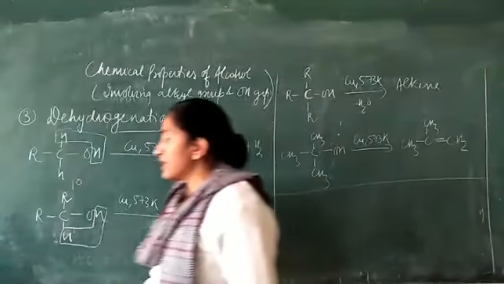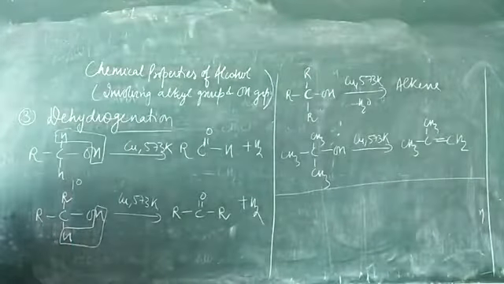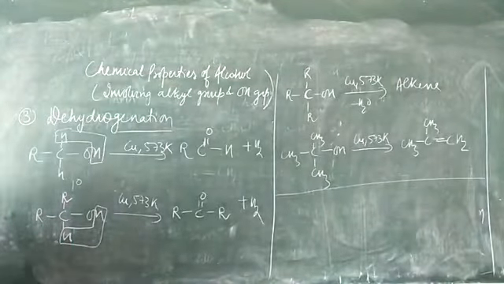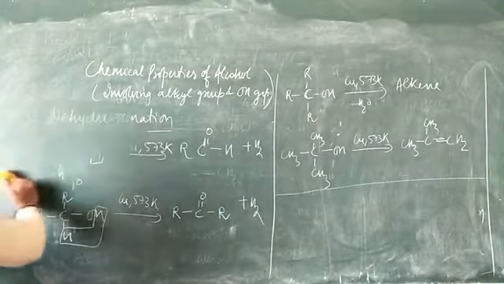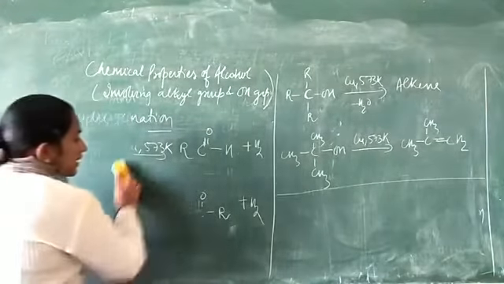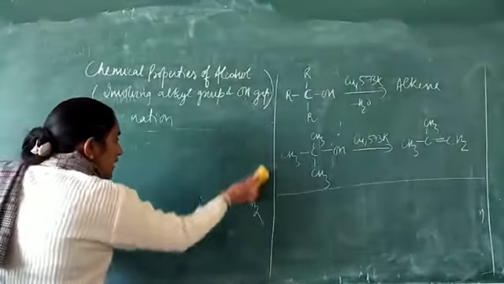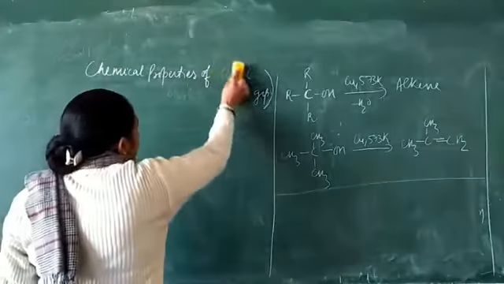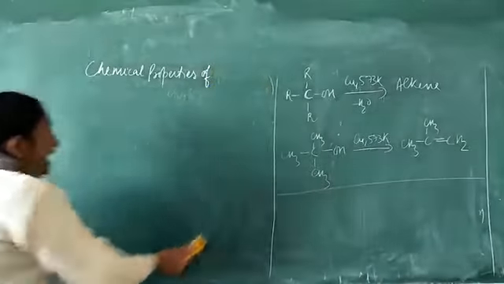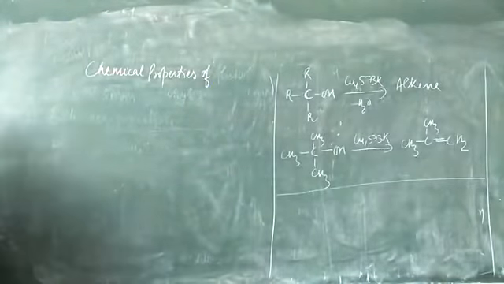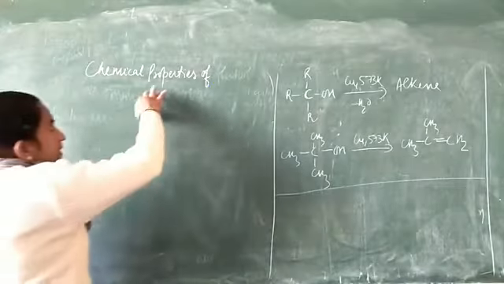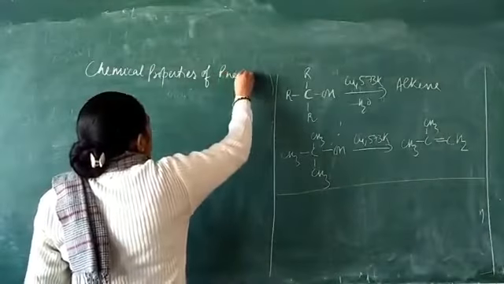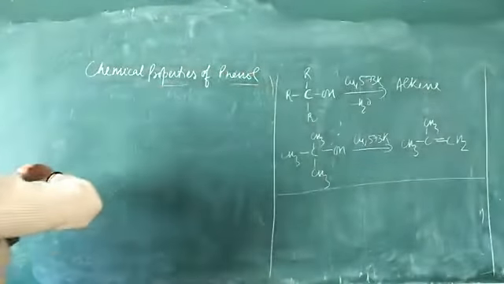Students, next we will discuss the chemical properties of phenol. Now you know that in phenol, the OH group which is attached to the benzene ring is ortho-para directing in nature and it activates the benzene ring for the electrophilic attack. So chemical properties of phenol.